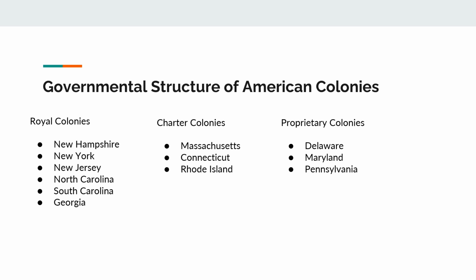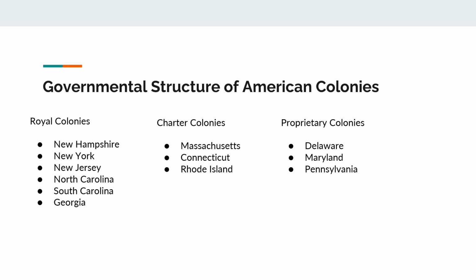Those are almost corporations in a modern sense that went to North America, to a certain piece of land, settled it, and then got a charter from the king, who then gives them permission to set up their own government. So they're largely autonomous. They're pretty much self-governing.